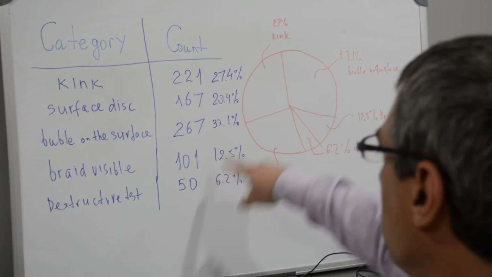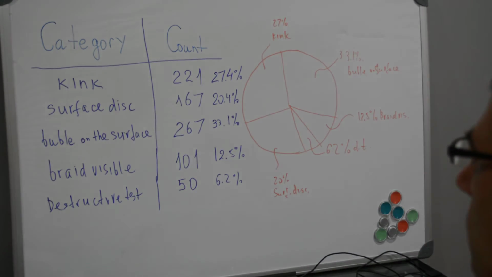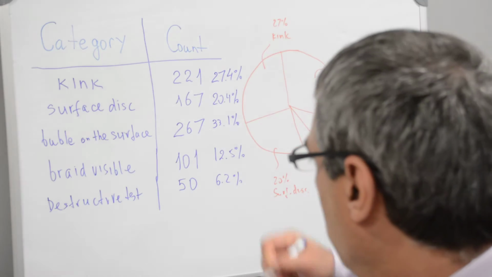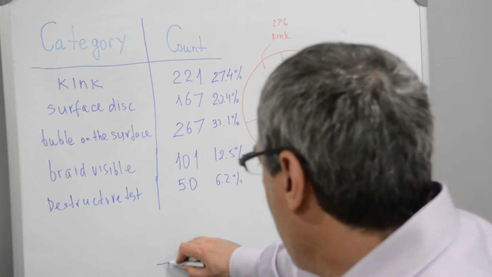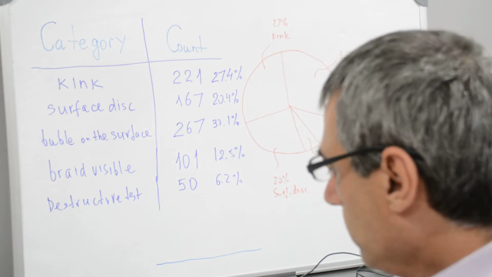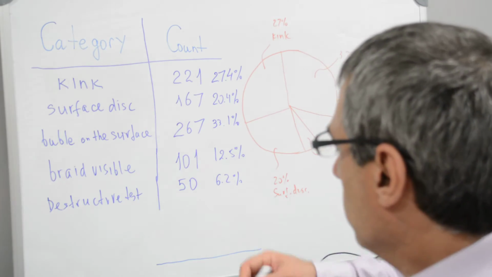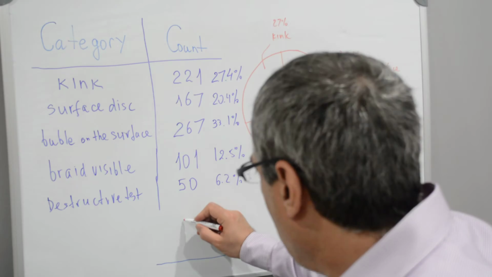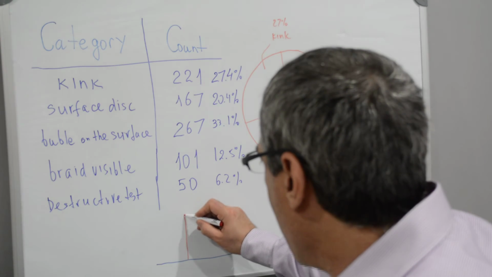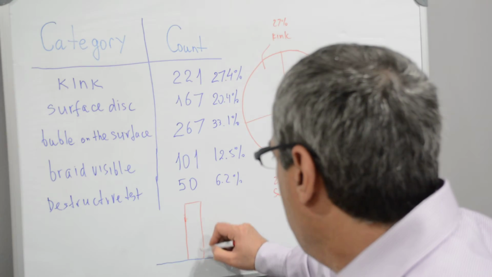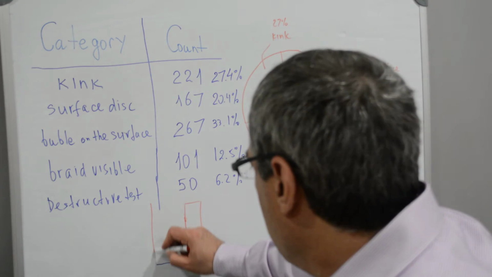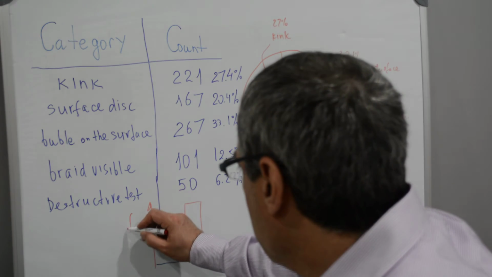Instead of pies, one graphs the bars. And the height of the bar is related to the frequency.